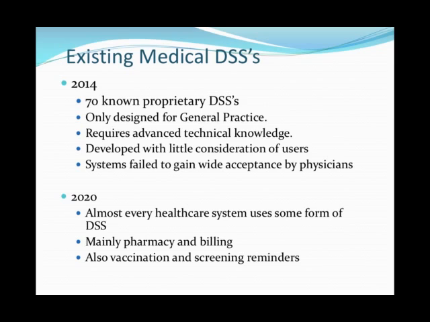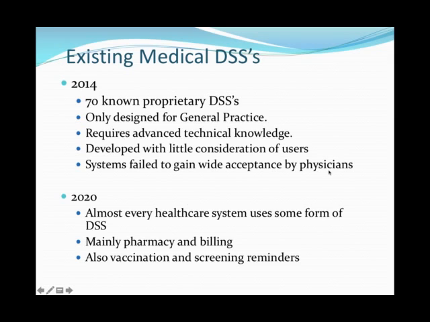They were only designed for general practice and required really advanced technical knowledge to use. They were mainly developed with little consideration for the user, like maybe a scientist or an IT professional was creating it, but wasn't really thinking, is this very usable for a doctor? So at that time, systems had failed to gain wide acceptance by physicians.